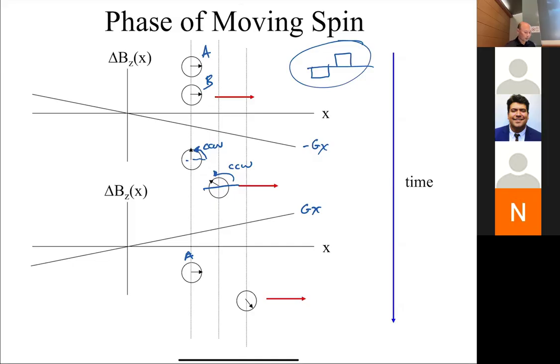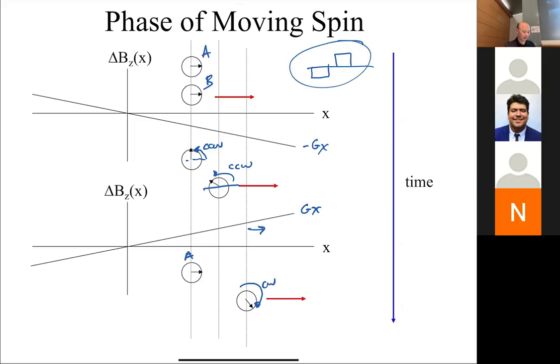Okay. But you notice what happens to spin B. It moves into a more positive part of the gradient. And so when it comes, it does a clockwise rotation, okay, that way, but it overcompensates, right? Because it's experiencing much stronger fields than it needs to refocus. All right.